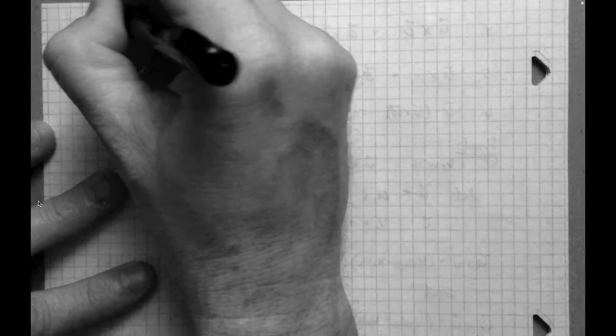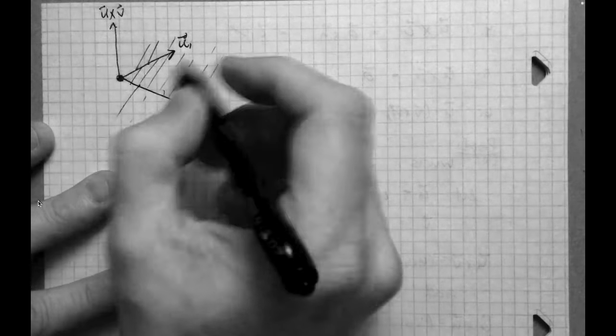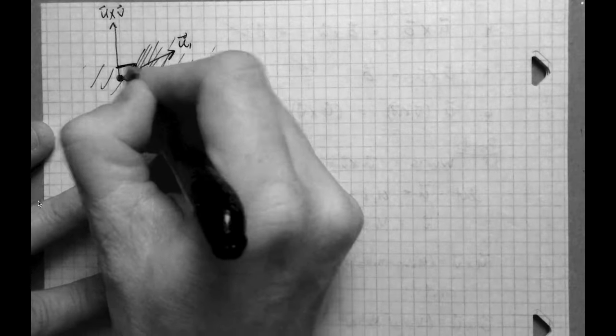What the cross product does is it produces a third vector, u cross v, that is orthogonal to these two vectors, which means that if you think of the plane that these two vectors live on, then this third vector is at a right angle to the original two.